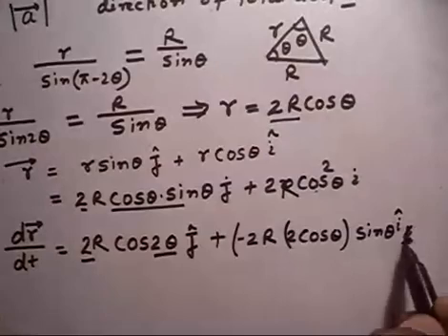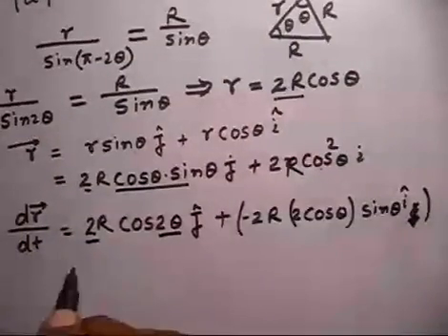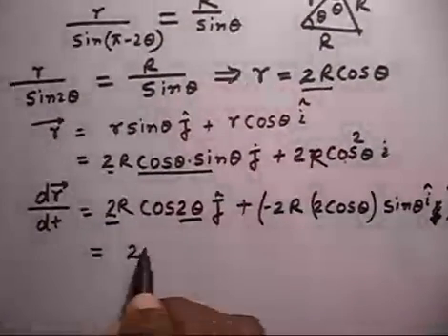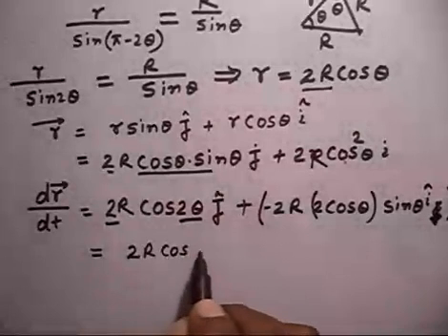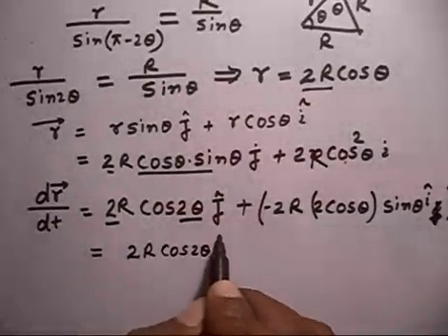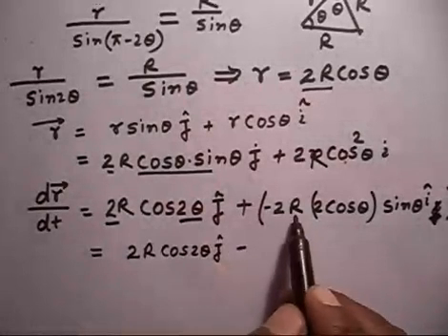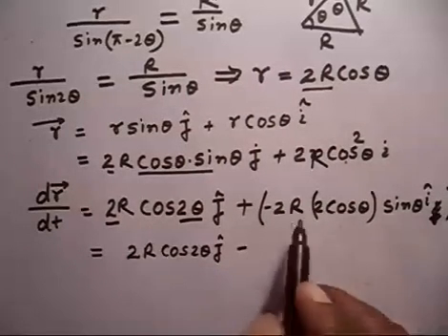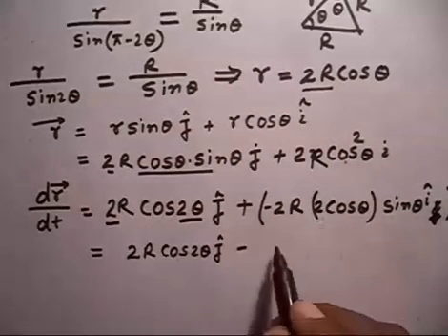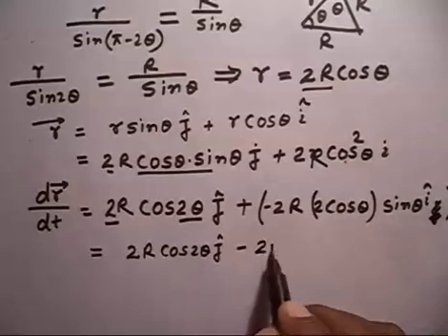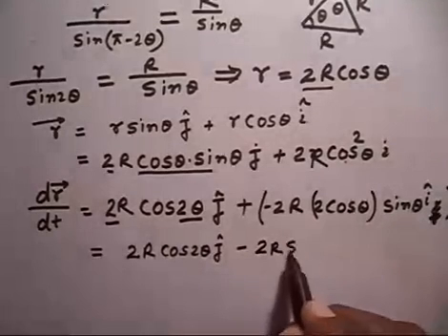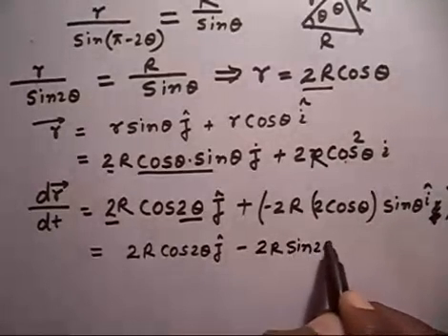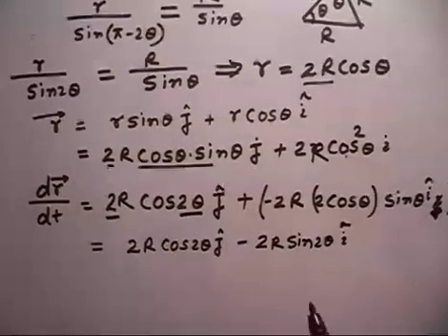Now I can write the next term, 2r cos 2 theta j cap, minus 2 sin theta cos theta, that is simply sin 2 theta. So I can write 2r sin 2 theta into i cap.